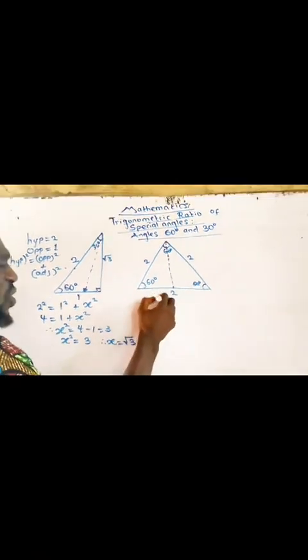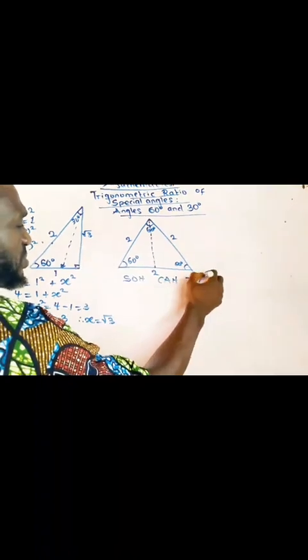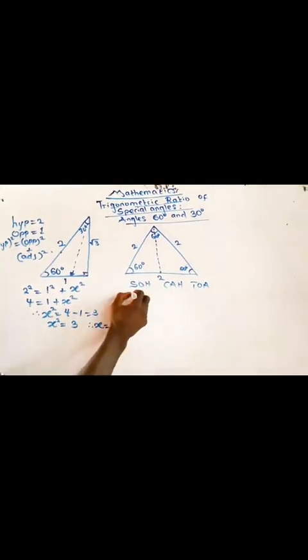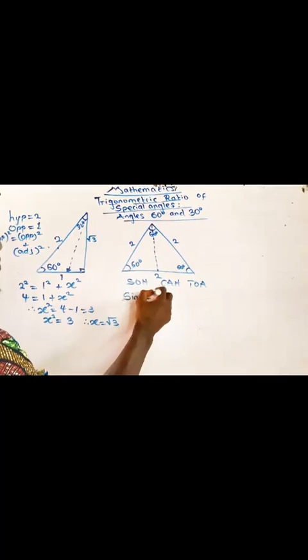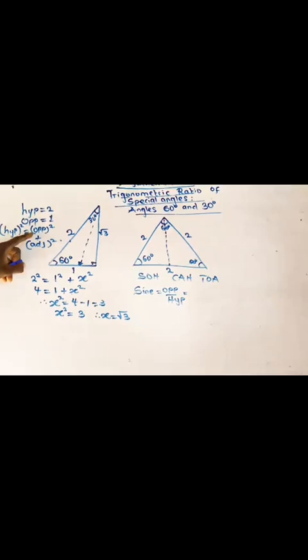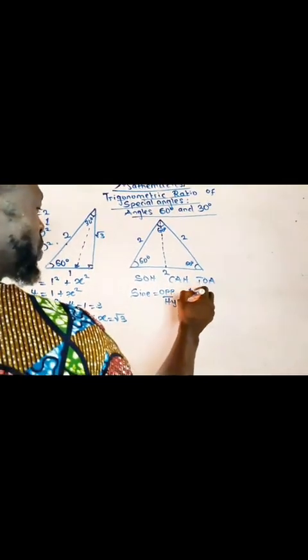Now, remember, using our SOHCAHTOA, look up. Using our SOHCAHTOA, sine of an angle is equal to what? Opposite over hypotenuse. What's our opposite here? What did you get for our opposite? Opposite is 1. Why is this 1?